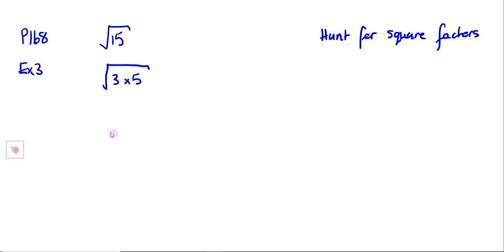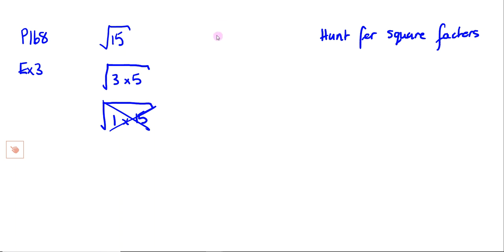Now, some people go, I've got it, it's 1 times 15 and 1's a square number. Correct, that's fine, but it doesn't do anything for us, because root 1 is still just 1 and I've still got the 15. So this one can't be simplified.